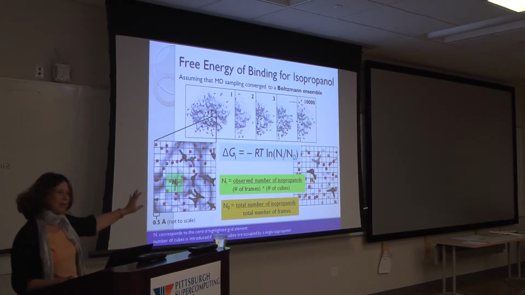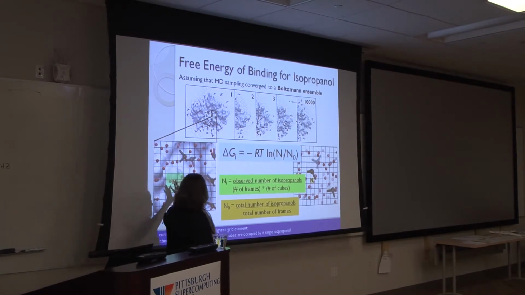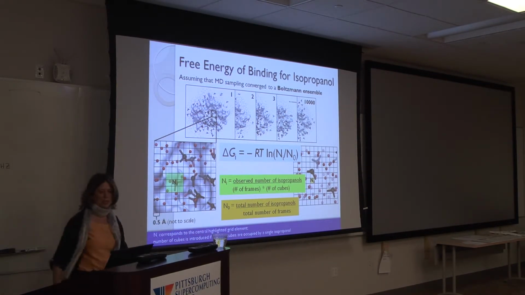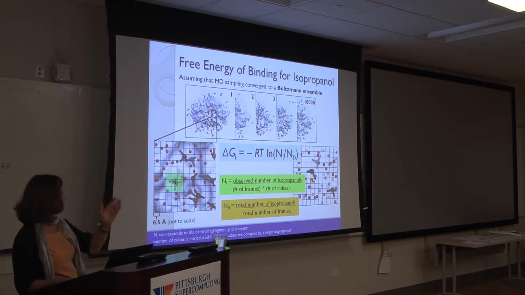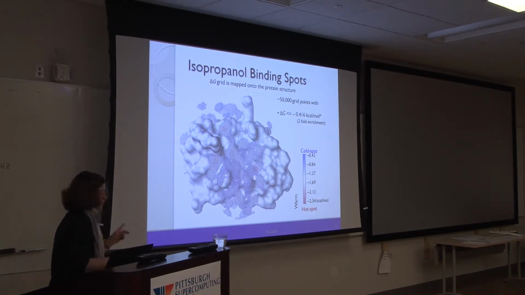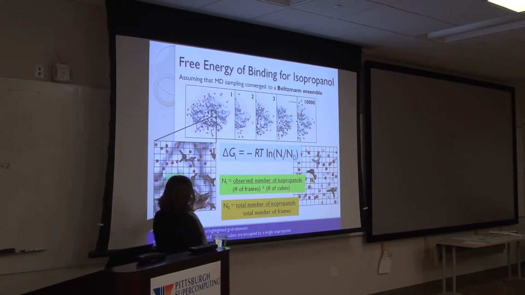Number of cubes, there are such details. But the concept is to consider the difference between the random and the local number of binding events counted at different snapshots.